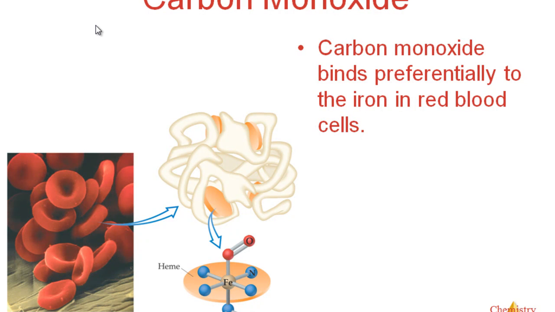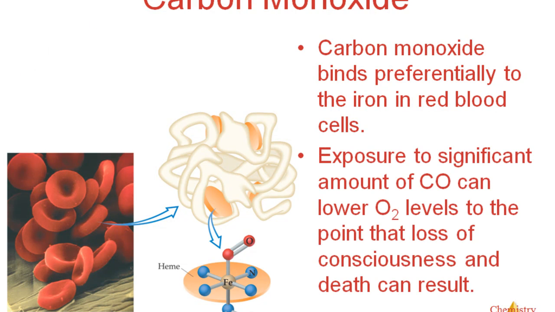Now another culprit is carbon monoxide, and we all have heard about carbon monoxide poisoning, right? The left side picture shows red blood cells, or typically hemoglobin in red blood cells, and the heme molecule in red blood cells has this structure: 4 nitrogens and an iron sitting in the middle, and this iron will bond with one O2 molecule.